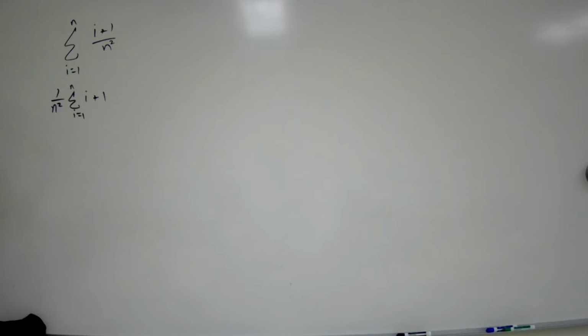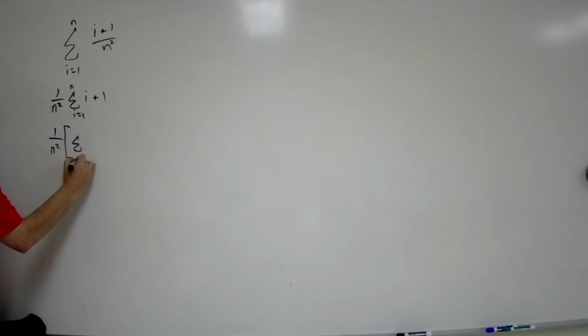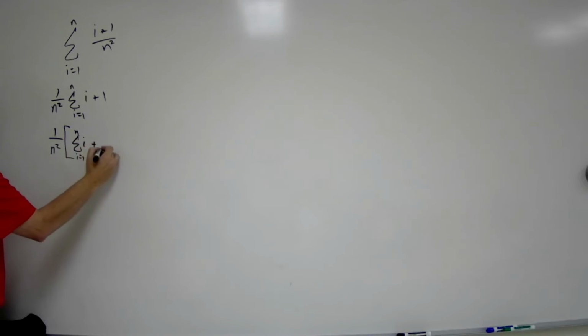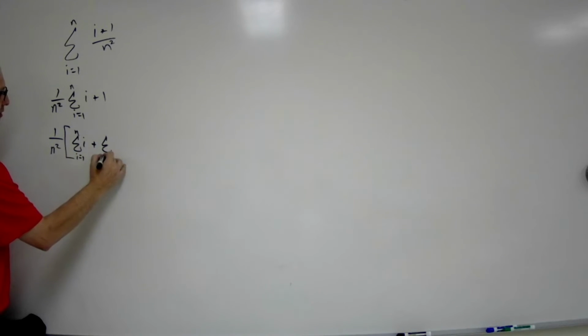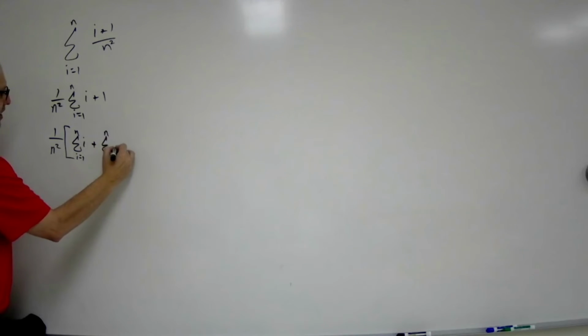We did not teach this in pre-calc, so this has the same rules as derivatives and integrals. I can break it up into i and the 1, using the sum rule. So I have 1 over n squared times the sum of i from i equals 1 to n, plus the sum of i equals 1 to n of 1.